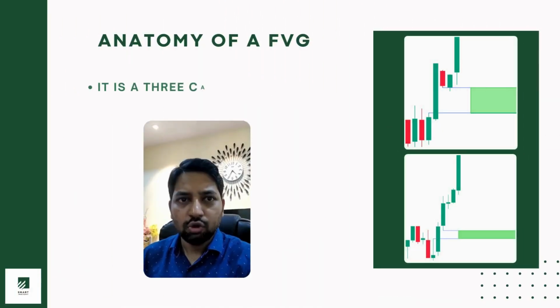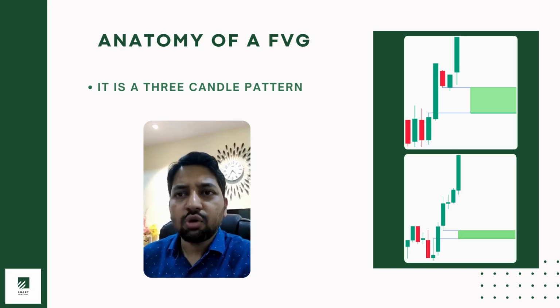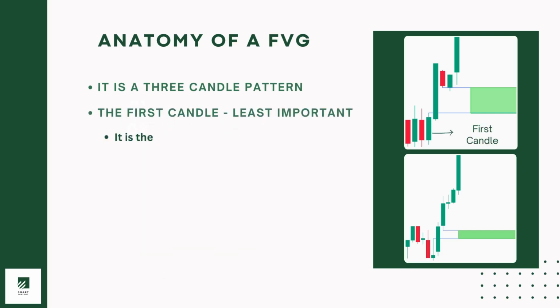Now let's look at this 3-candle pattern a little more closely. Let's look at the anatomy of this 3-candle pattern: how it is formed, what the 3 individual candles look like, and based on how they are formed, what they tell us. So the first candle is the least important.